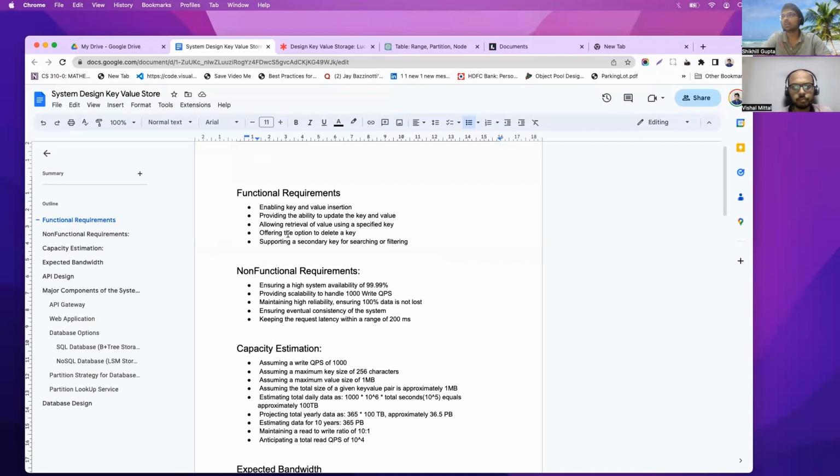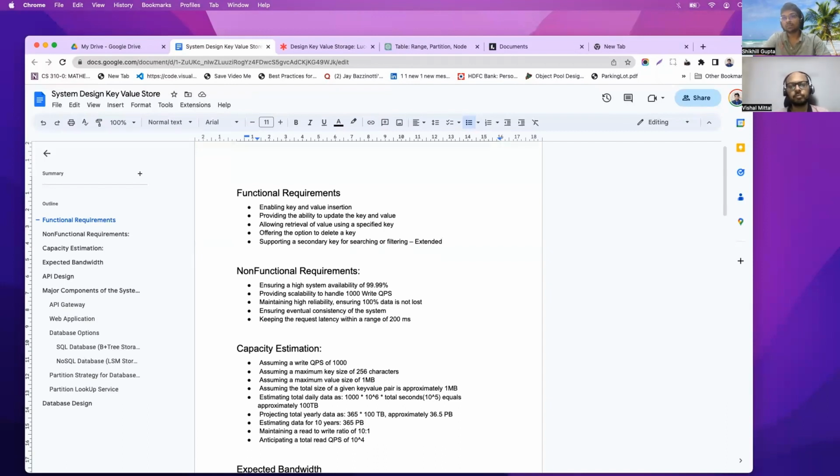And offering the option to delete a key, we should have an ability to delete a given key and its corresponding value. And this is one of the extended requirements, where we would be supporting a secondary key as well for searching and filtering. Let's say I have a key and the value is a JSON, and the JSON has a lot of attributes. Let's say a car: there is a car ID, car registration number, and the corresponding car object we are updating into the key value store, right?